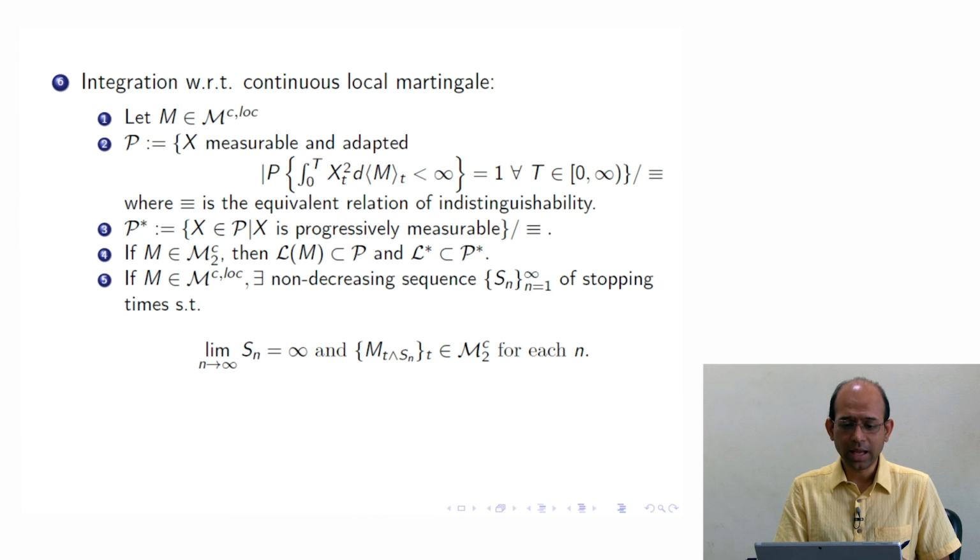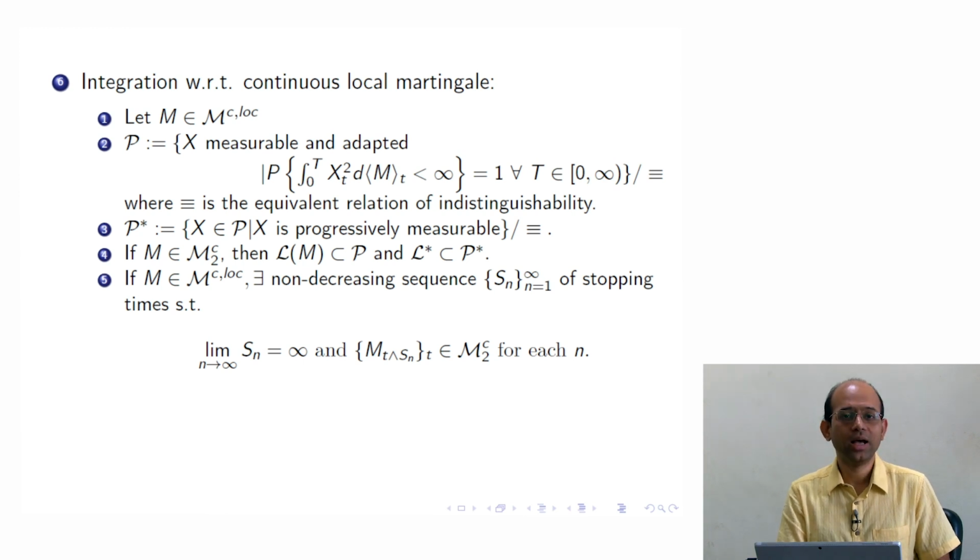Let me clarify. Given a continuous local martingale, we know that there exists a sequence of stopping times for which the stopped process becomes a continuous martingale.